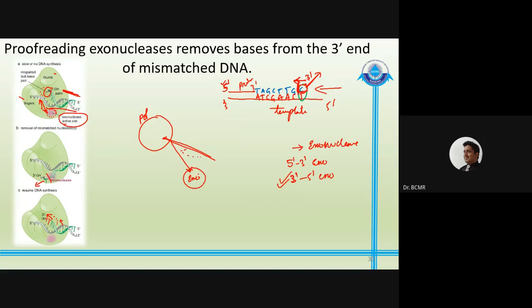And in the exonuclease activity, the misbase paired base will be removed from the growing strand. And when there are no misbase pairs, the interactions of the DNA will increase with the palm region, and it will get back to the polymerization active site, and polymerization will happen fast. Okay, that's a fantastic mechanism of self-correction.